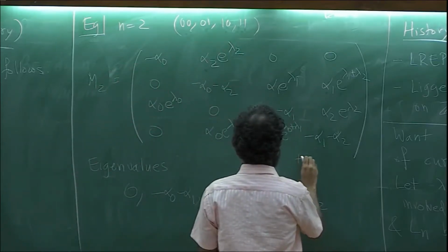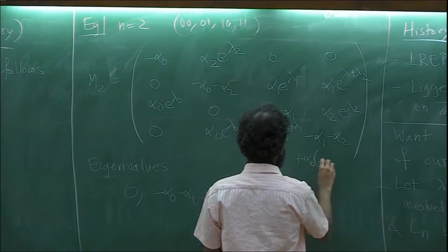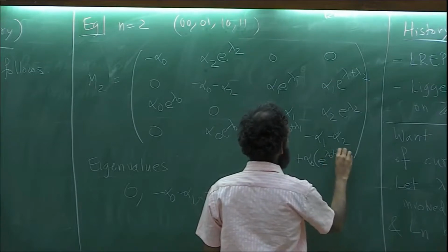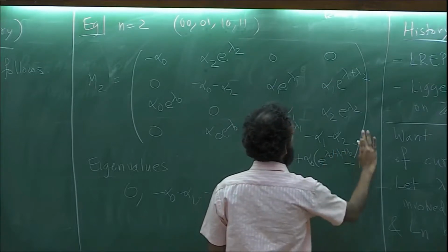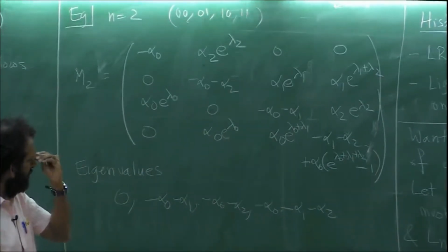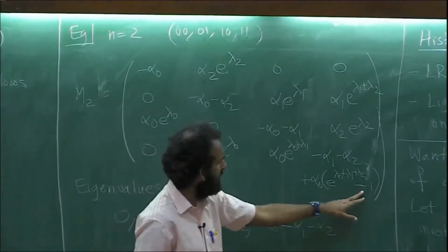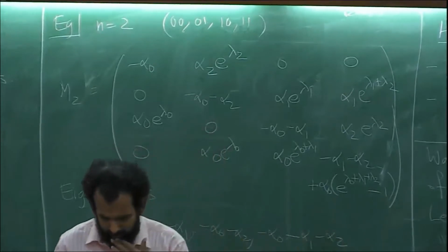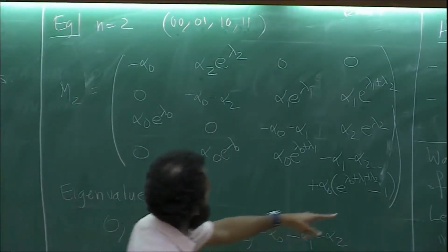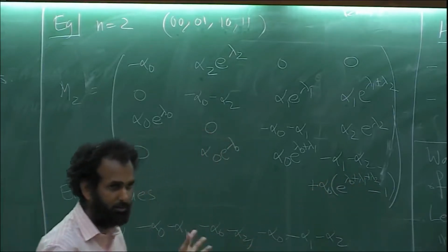So I have to add and subtract alpha naught times e to the lambda naught plus lambda 1 plus lambda 2 minus 1. This minus alpha naught corresponds to just the self loop, and this part corresponds to counting the current.